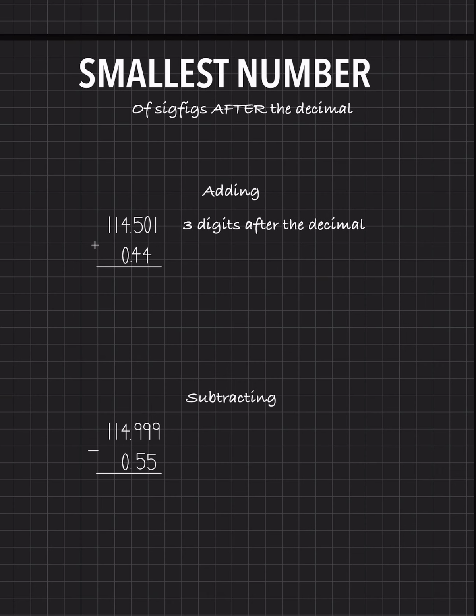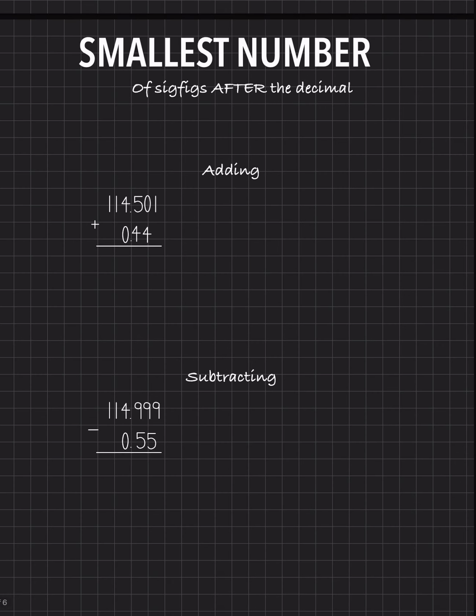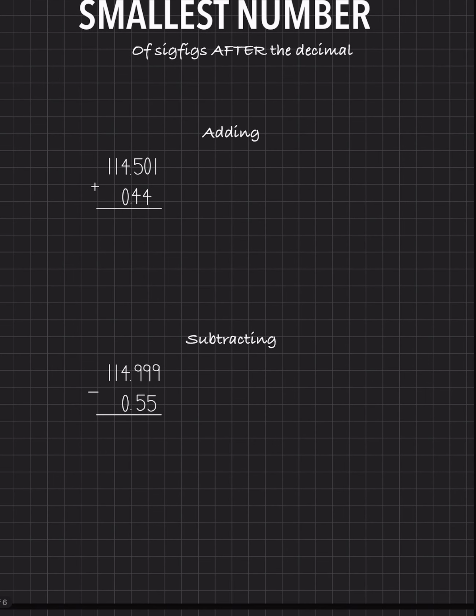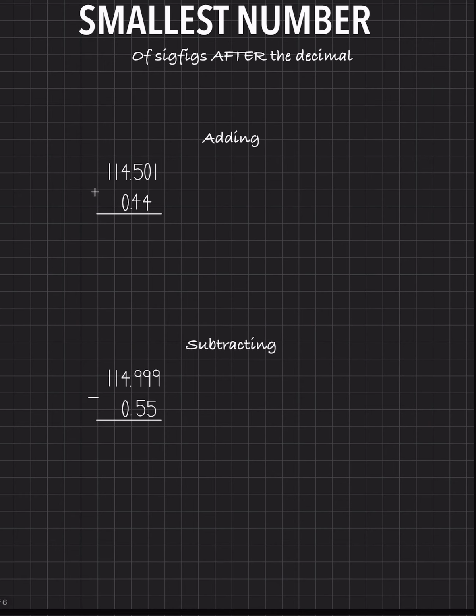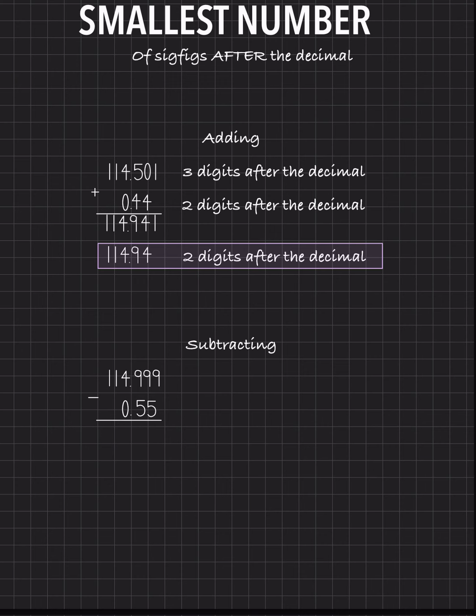So let's say I add. When I add or when I subtract, what do I do? When I multiply? What do I do when I divide? So for adding, I look at the number of sig figs after the decimal. So in this case, I see that I have 3 digits after the decimal, and I have 2 digits after the decimal. So my answer needs to be 2 digits after the decimal.